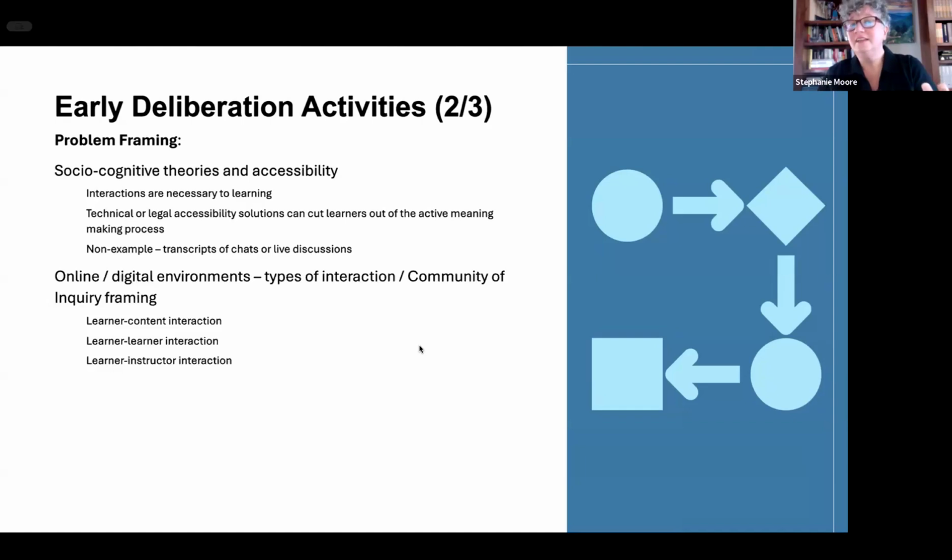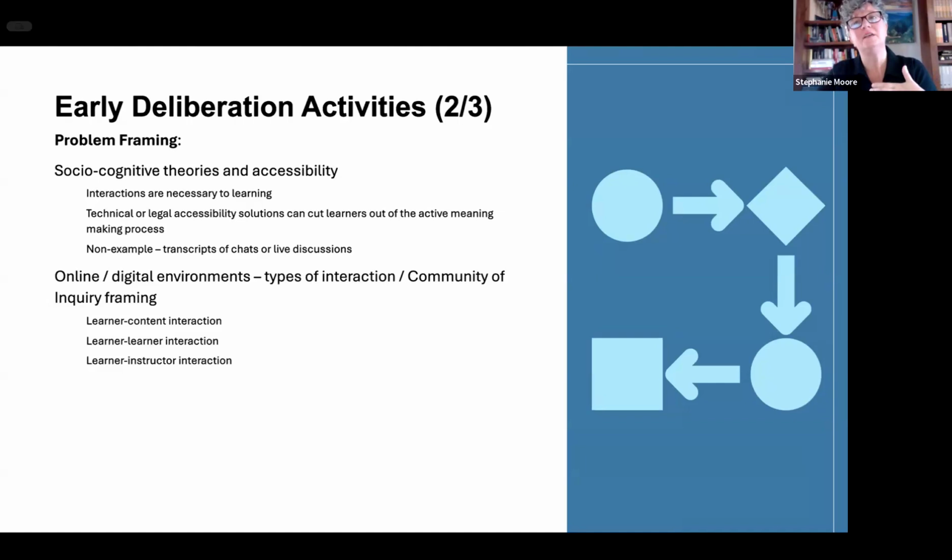Of course, in online and digital environments, we've got the framework of community of inquiry. Very common one. At the core of that are all of these types of interaction, right? We want learners to interact with the content in meaningful ways. We want them to interact with each other. We want them to interact with the instructor.